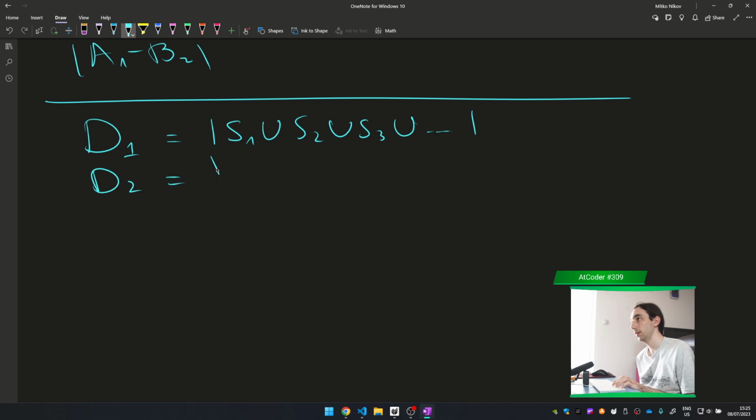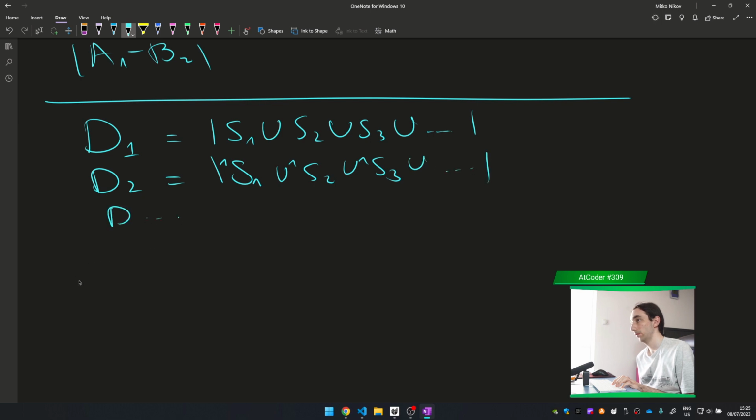D2 will be some set that has an object moved to the left or to the right by 1. So these are special derangements, and so forth.